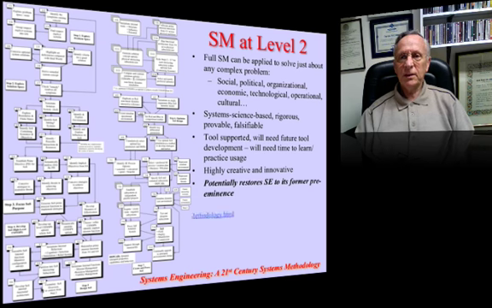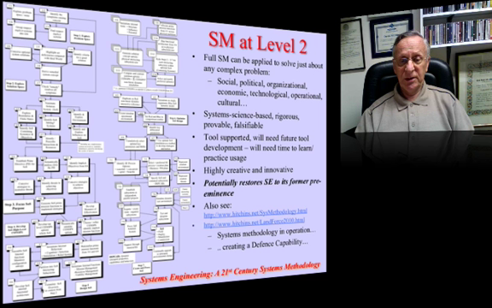It can be applied to solve just about any complex problem, social, political, organisational, economic, technological, operational, even cultural. It's systems science based, it's rigorous, it's provable, and it's falsifiable. It's tool supported, although it will need future tool development, and it will need time to learn and practice their usage.